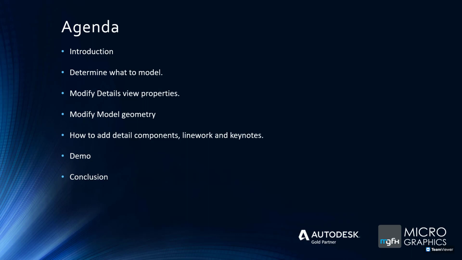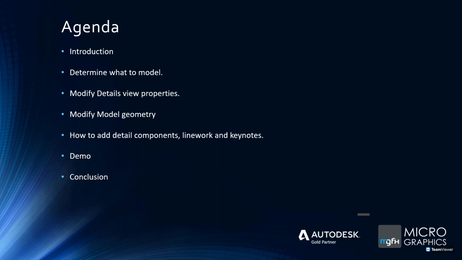Okay, so the agenda for today is just looking at the topic. We're going to look at determining what to model and what not to model as well. We're going to look at some of the view properties of your existing 3D model, how that determines what you see in the details, etc. Also looking at the actual model geometry that you can use, and if you should use it.